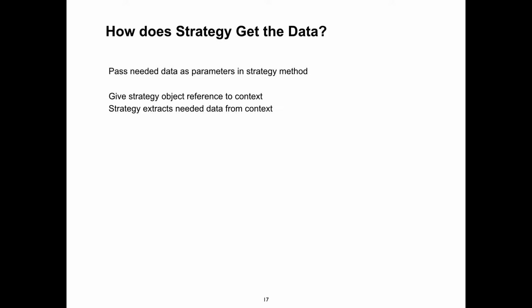So how does the strategy object get the data? Well, one obvious way is you just pass the data it needs. There's a method in the strategy object, and you have an argument list, and you pass the data you need in the argument list.